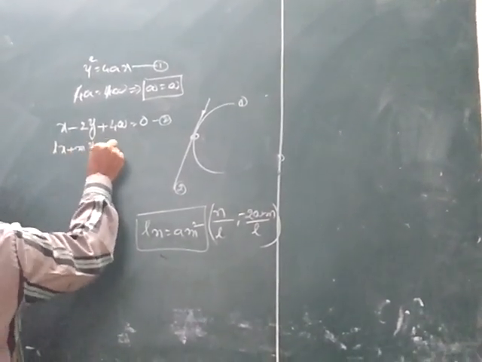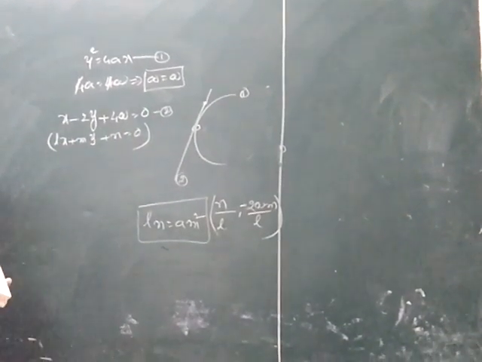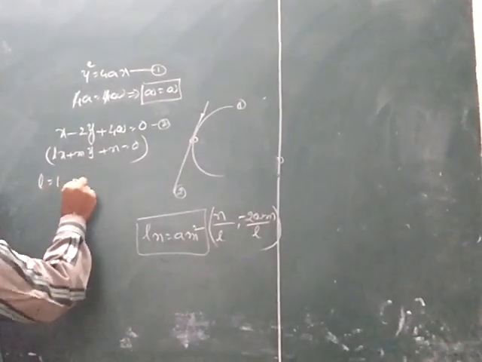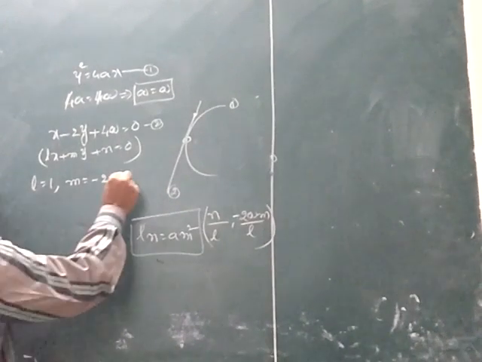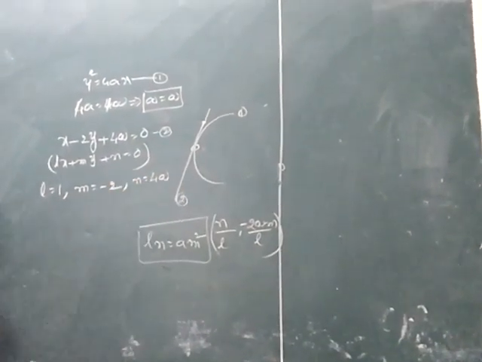Compare with Lx plus my plus n equal to 0: L value 1, m value minus 2, n value 4a.